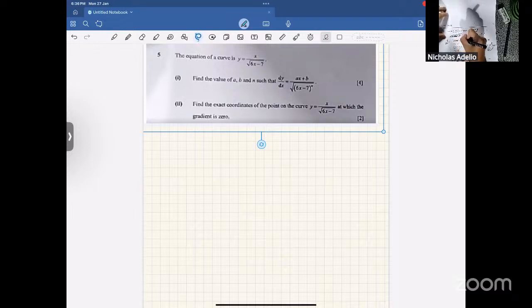I need to remember that they're not the same. Quotient rule and product rule are just similar, not the same. True.